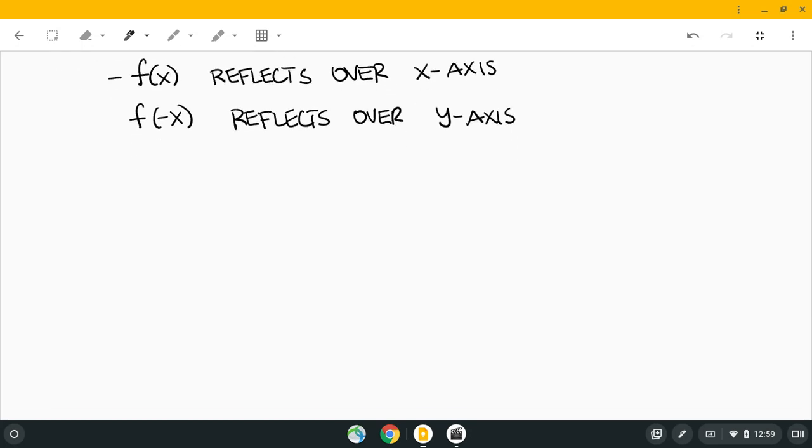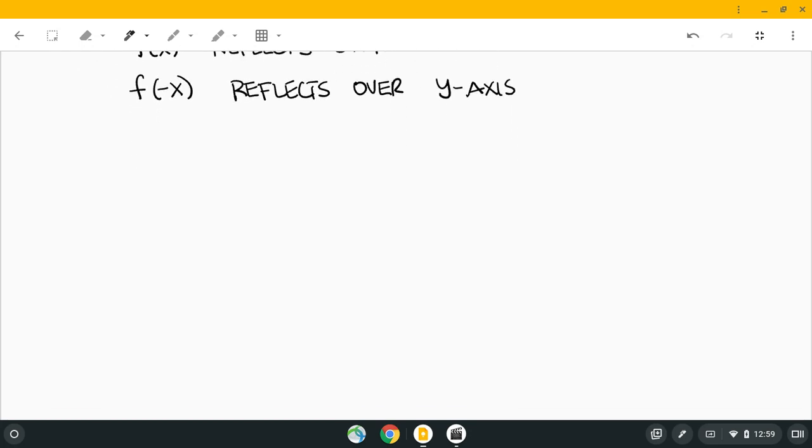Okay, so let's take a look at a few examples. Suppose that I have my parent function. We're going to use f of x equals square root x because you can see the reflection for both of these cases clearly.